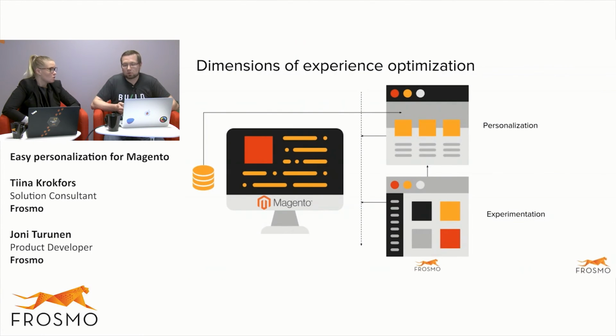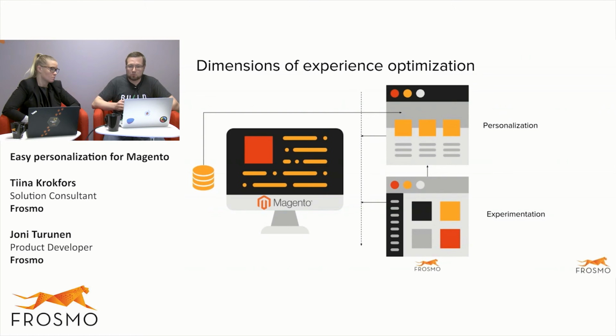Then about the dimensions of experience optimization, we already mentioned experimentation and personalization. Those are two different dimensions or layers, if you will, on top of your website that you can bring, or as a part of your website also.